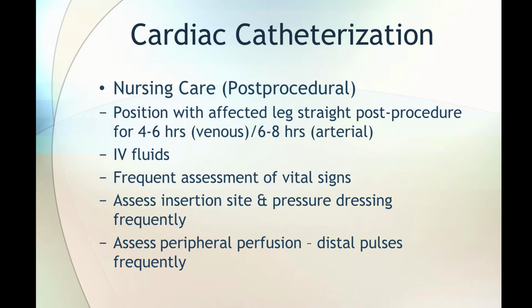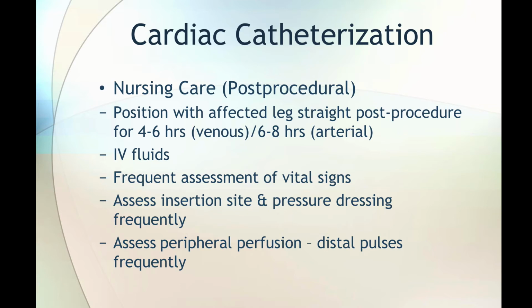You do the usual frequent assessment of vital signs. You want to make sure that you are assessing for bleeding as well. You want to always make sure when you're assessing vital signs for kids, in particular, that you look for dysrhythmias and bradycardias, because these kids will go bradycardic very quickly, and they will also have dysrhythmias.